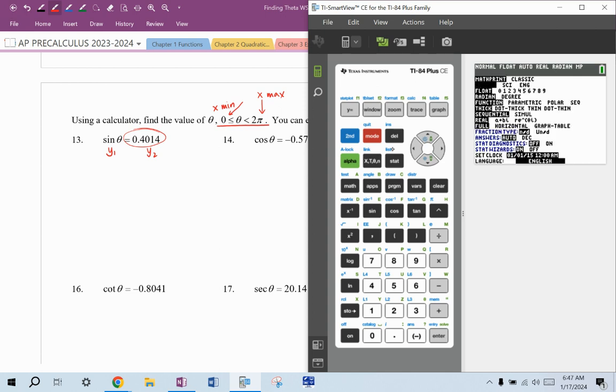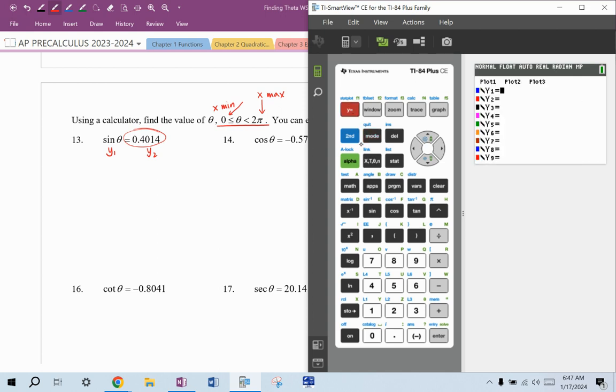So make sure you're in radian mode. If not, press mode, change to radians. Go to y equals, type in sine x, and then the decimal, 0.4014. Set your window 0 to 2 pi. It doesn't matter what it counts by, so I'll just let it count by ones. I don't need the y's to go from negative 10 to 10. I mean, you can, but I only need to capture this value.